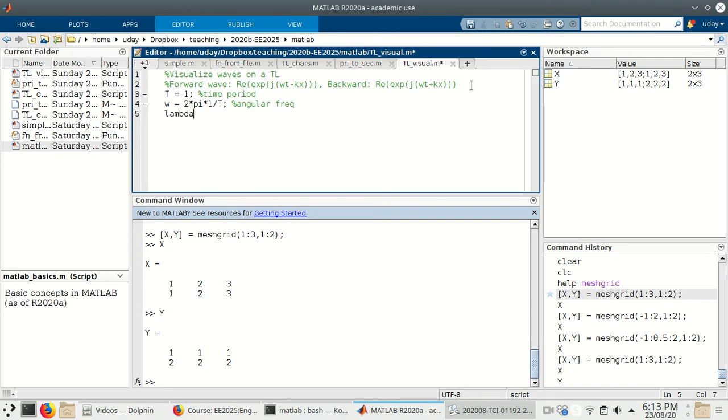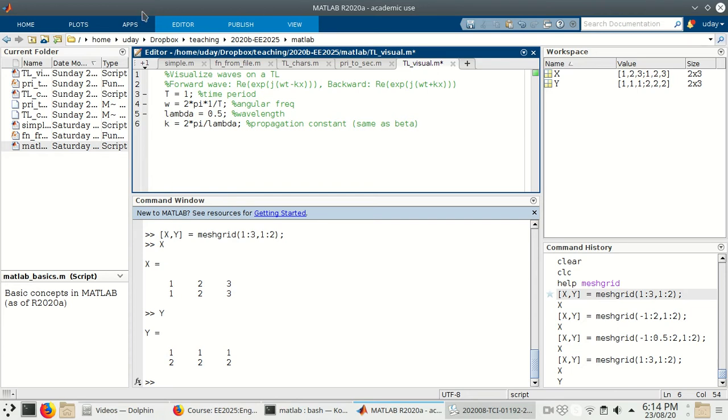Let's say lambda is 0.5 meters. From here we can define k as 2 pi by lambda. This is what we call the propagation constant, same as beta. It's just shorter for me to write k instead of beta.